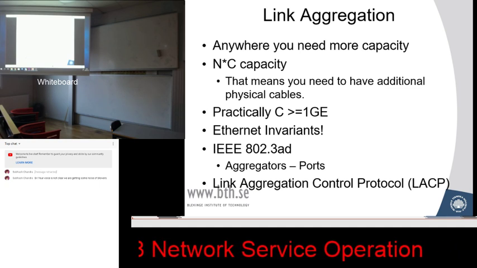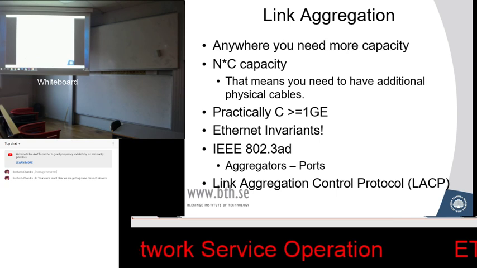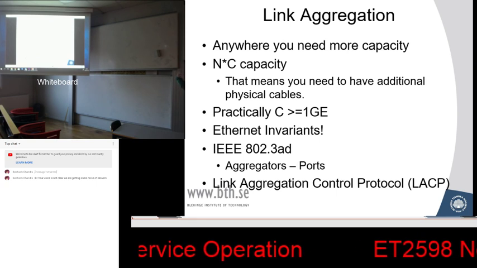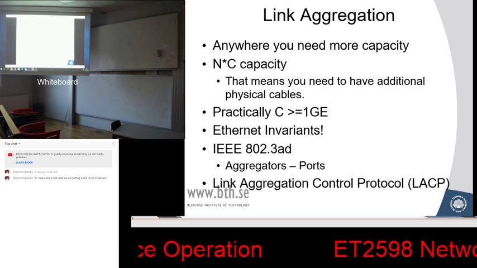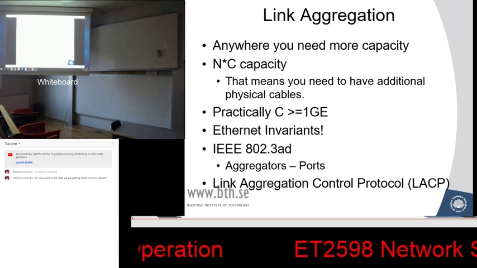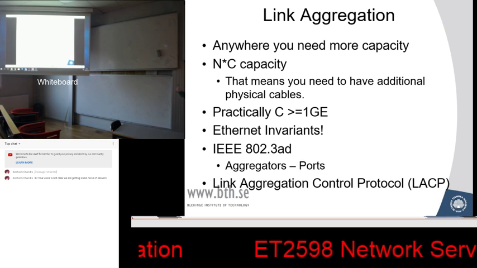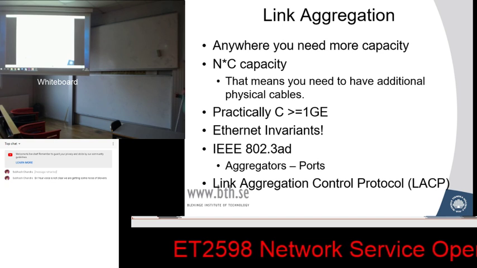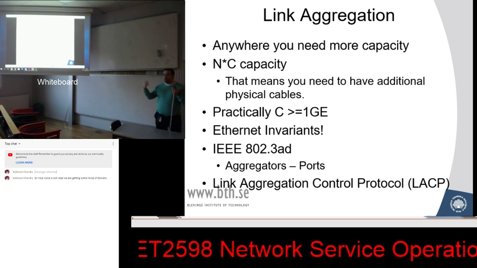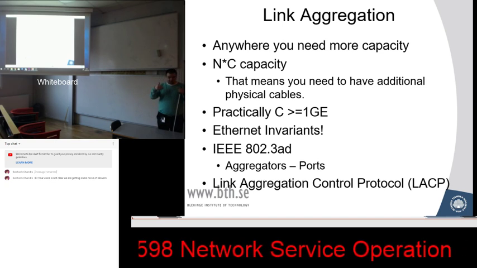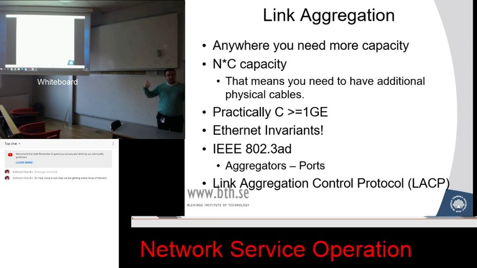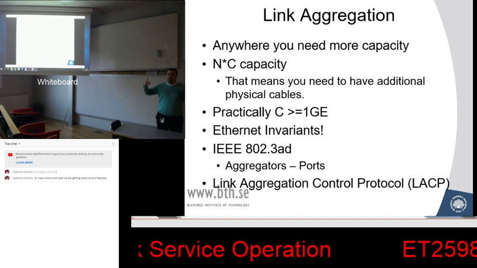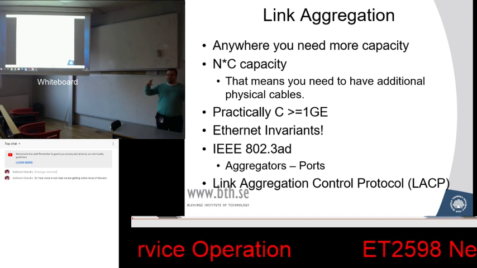So, we can use that where we need more capacity. It requires us to have available ports on both sides, and then we have to pull additional cables between them. By pulling these additional cables, we can get n times the capacity. So, if you have 1 gig ports, if you do 3 port cables, you get 3 gigabits on this virtual link, or this aggregated link.